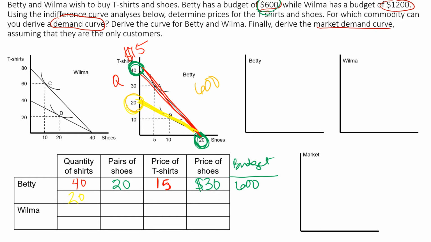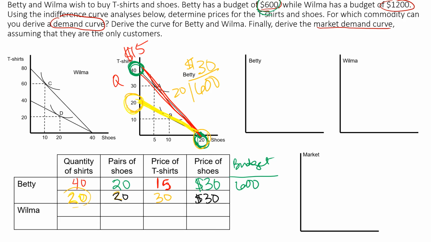She has, again, $600, so the extreme point, 600 divided by 20, that's going to be $30. So if she's buying 20 shirts, then the price of those shirts is $30, and the shoes didn't change. Okay, that extreme point stayed the same. She's still buying 20 shoes at $30 a piece.